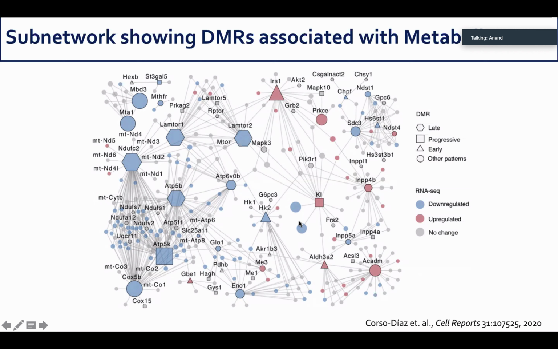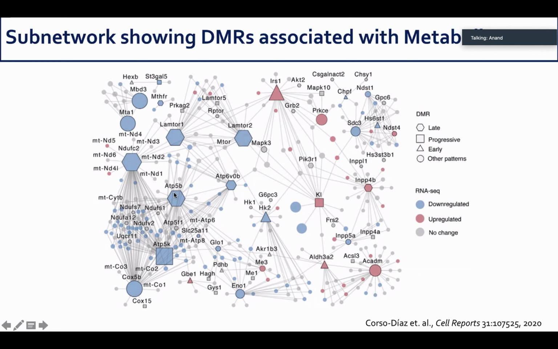Look at hexokinase here too. So you have all sorts of progressive changes. Things that do not have any line around the circle or square mean there's no DMR, but all of these have DMRs, differentially methylated regions.